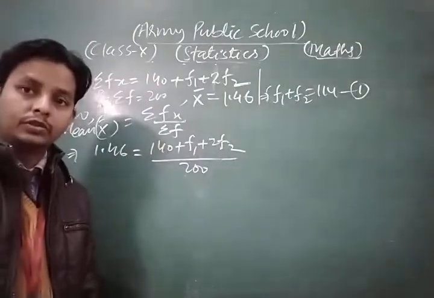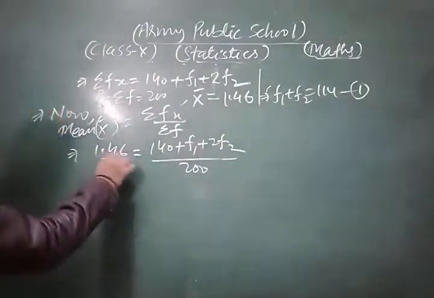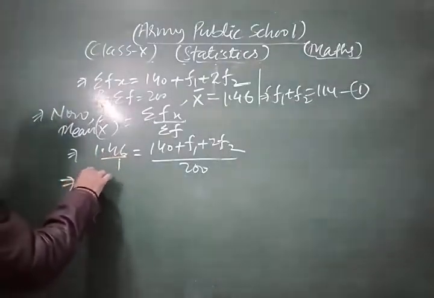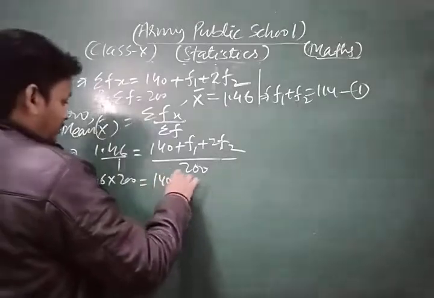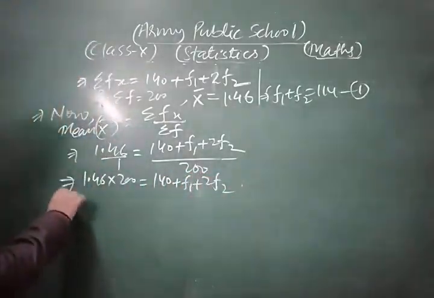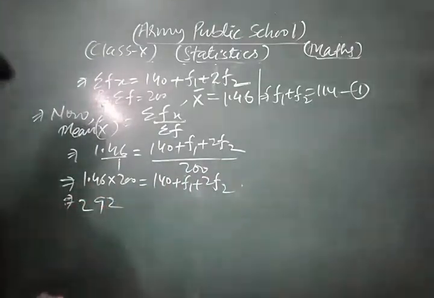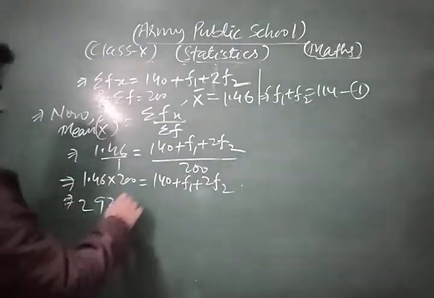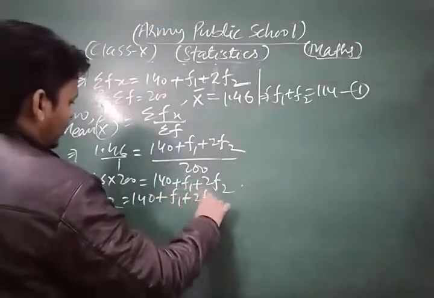Now we do cross multiplication. So 1.46 into 200 is equal to 140 plus f1 plus 2f2. That gives 292 is equal to 140 plus f1 plus 2f2.